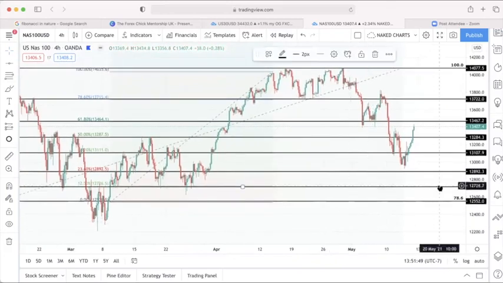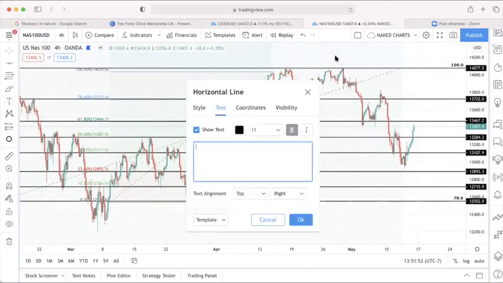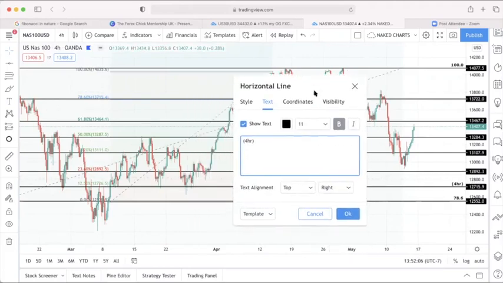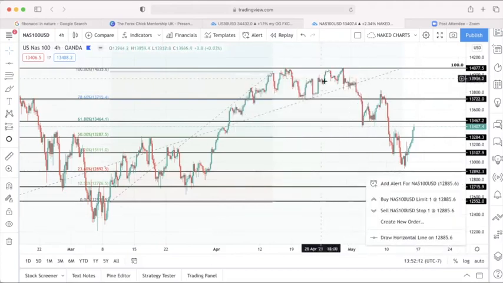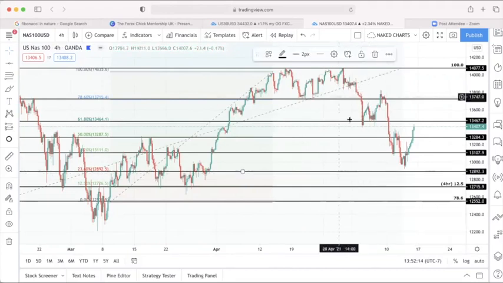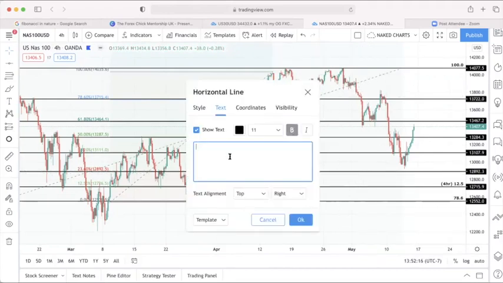So now I'm going to mark these ones. I'm going to write on these ones. You can label them so you know this is from the 4-hour fibs. Sometimes I won't label and then I'll forget, so it is a good thing to label.